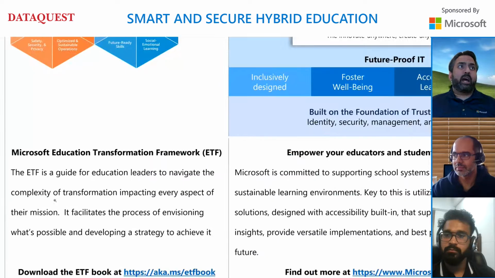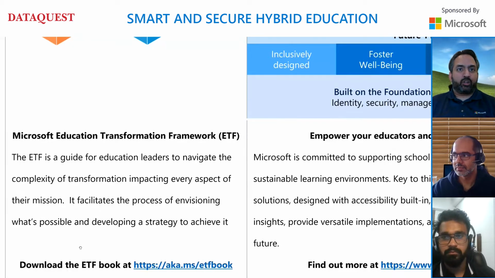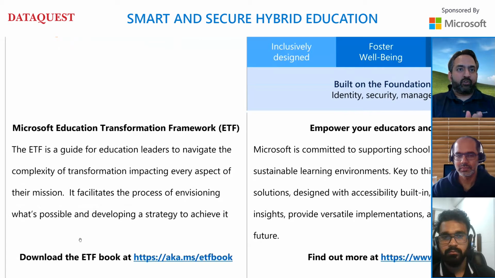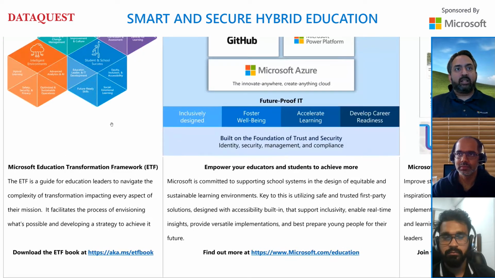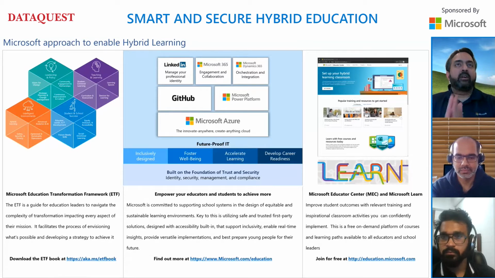The way we do that is using this framework called the Education Transformation Framework. In fact, a few of us got together and wrote a book about it. I was fortunate enough to contribute towards the success of the content as well. That's the guidance part of it. It's more of the how-to manual, if you like, in terms of navigating the complexity of transformation.